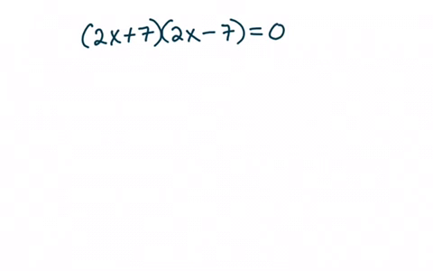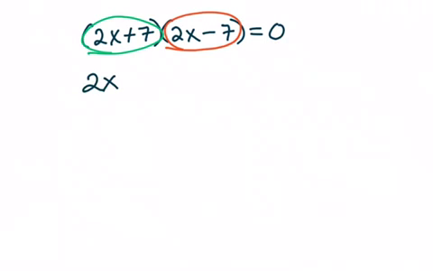Here's another example. We have 2x plus 7 times 2x minus 7, and that equals 0. And again, we're going to set each section equal to 0. So first, it doesn't matter, I'm going to set that one, and then I'm going to set that one, okay? All right, 2x plus 7 equals 0.